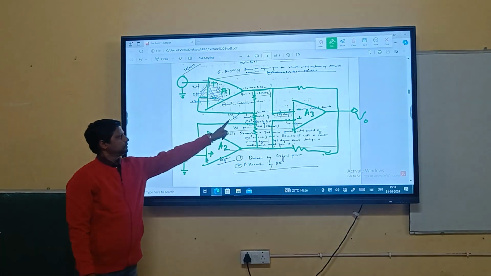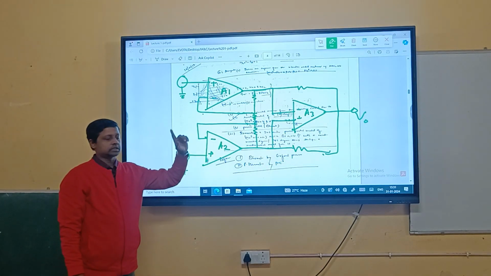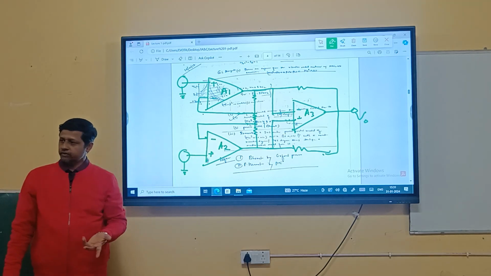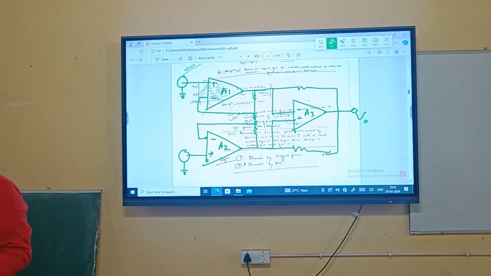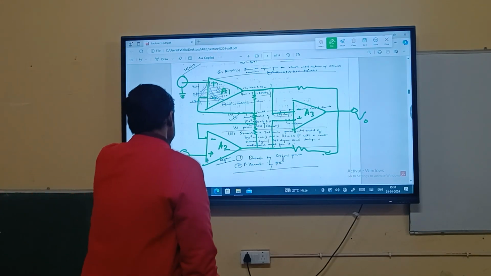What is the value of feedback? 1. So it is as good as unity buffer. Now it can be a current buffer, it can be a voltage buffer. No problem. This time my input is voltage, so it's a voltage buffer. If feedback is 1, then it is a unity buffer. If feedback is more than 1, then it multiplies by that value.